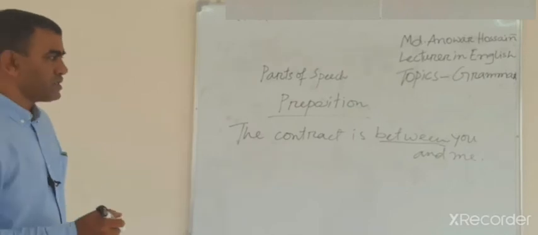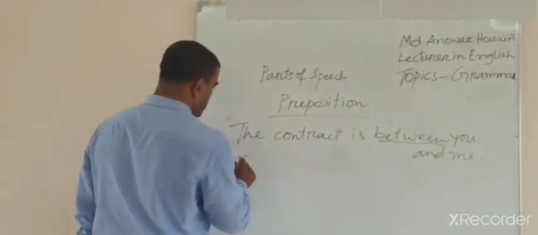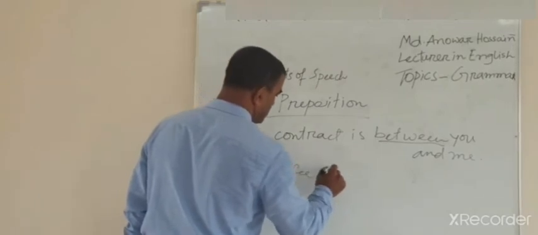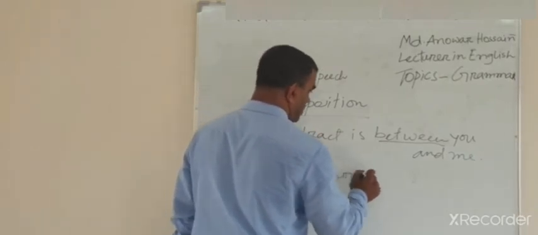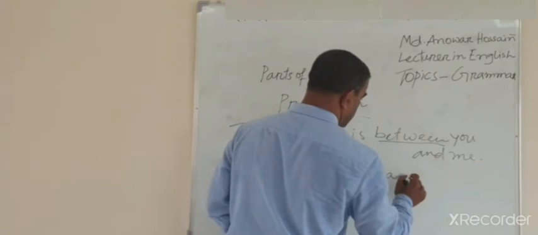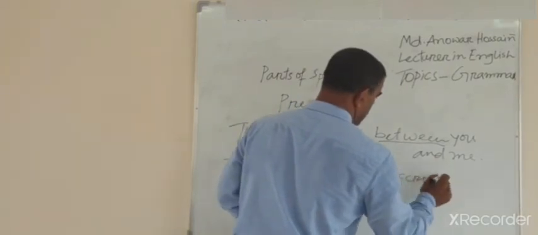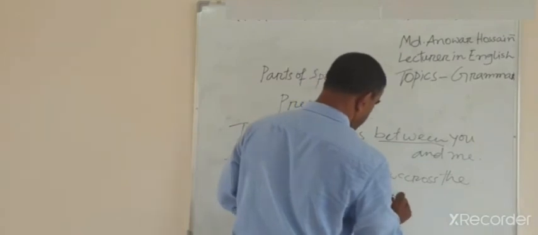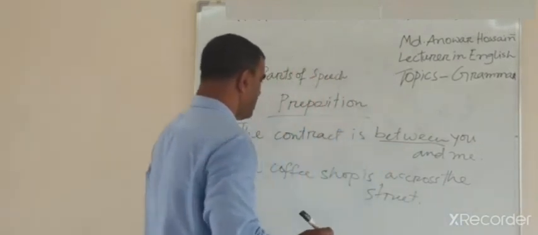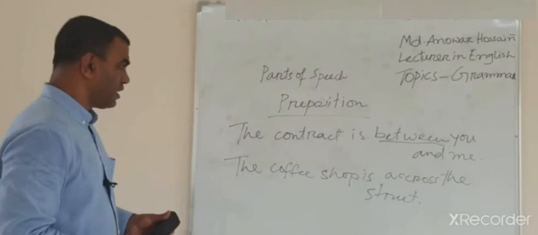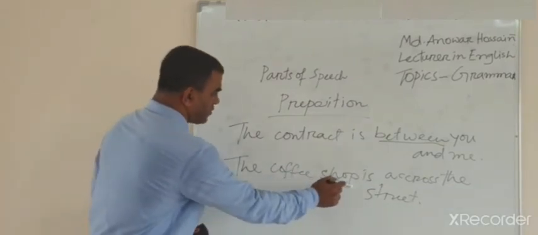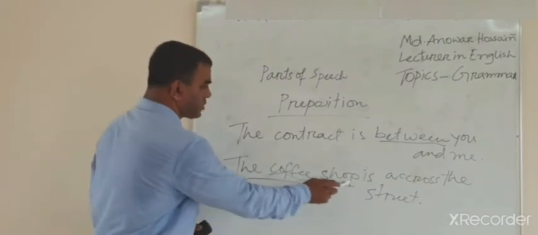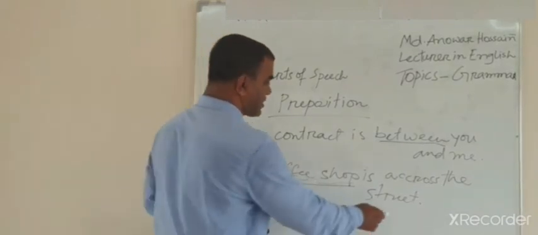The coffee shop is across the street. Here there are some nouns. For example, coffee shop is a noun, coffee is a noun, shop is a noun, and street is also a noun.